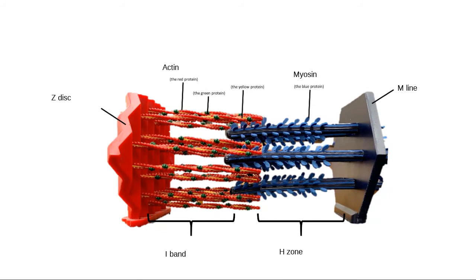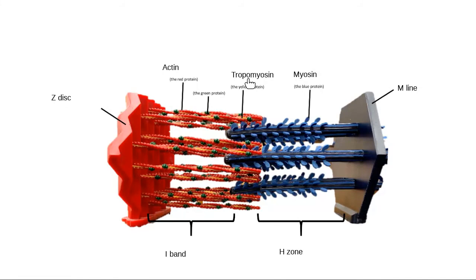Now, wrapping around actin is a yellow protein that kind of looks like a spaghetti noodle. See this little yellow line right here? So this yellow line, that's my spaghetti noodle protein. This yellow protein is called tropomyosin.